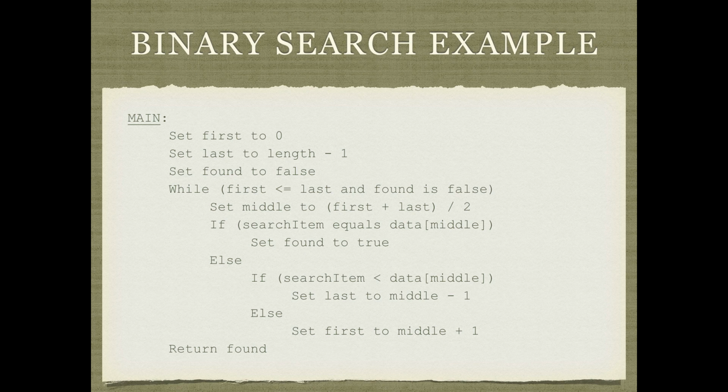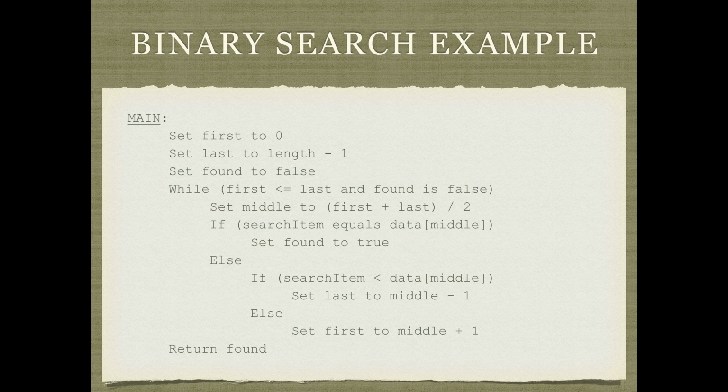So in this case, integer division, 9 divided by 2 is 4. So we're going to look at array index 4. If the value of search item equals the value of data element number 4, then we'll set the value to true.